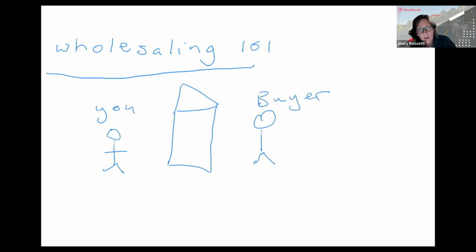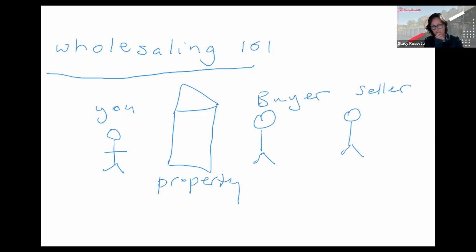And then you have also the seller, right? So these are the parties in a wholesaling transaction. So it's you, the property, the buyer, and the seller.